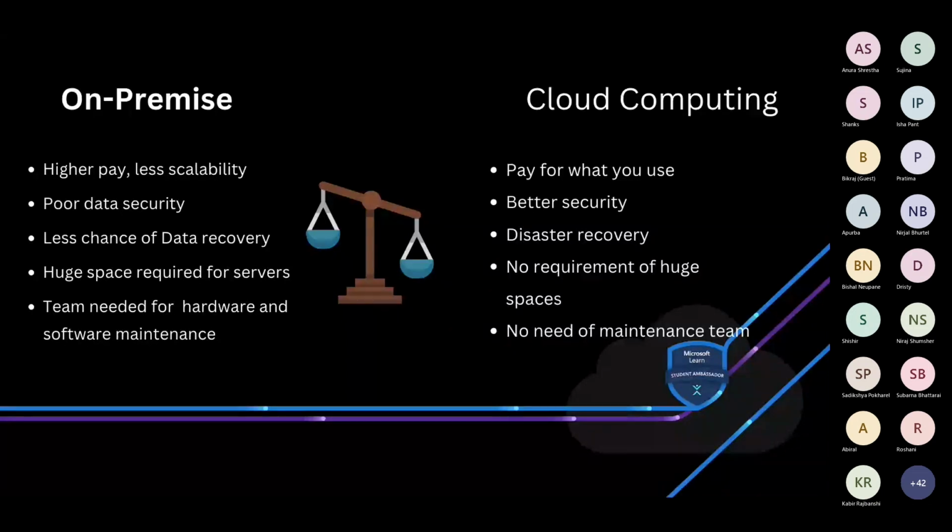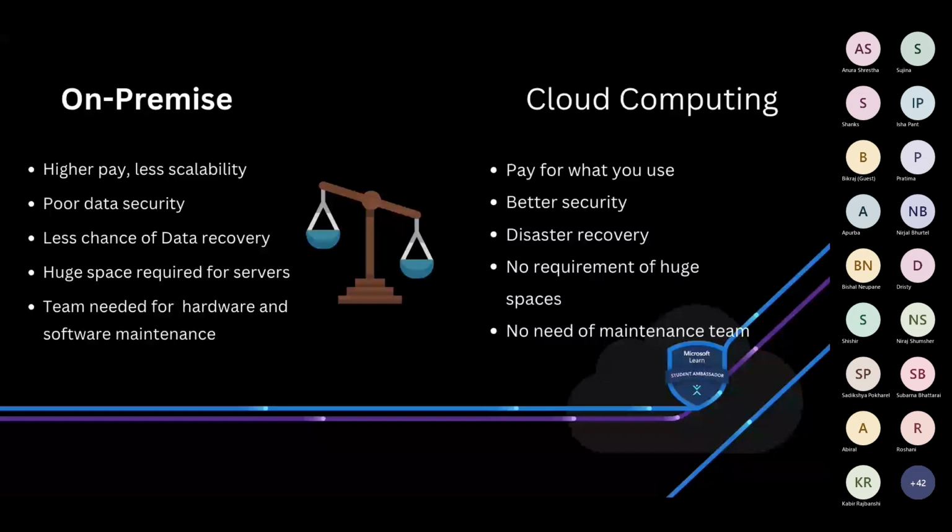And it is not scalable, meaning that you can't reduce the size of the hardware that you bought, or you can't upgrade the size of the hardware, or SSD, or any physical system, right? But in cloud computing, you just pay for what you use. You can scale up, you can scale down, and with that your price point, everything, is so flexible and so scalable that cloud computing wins over on-premise in this aspect.